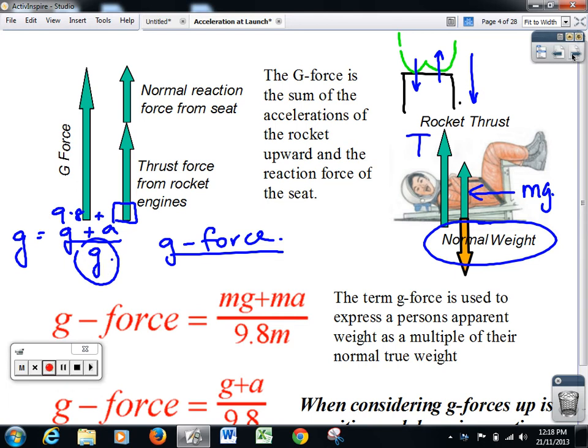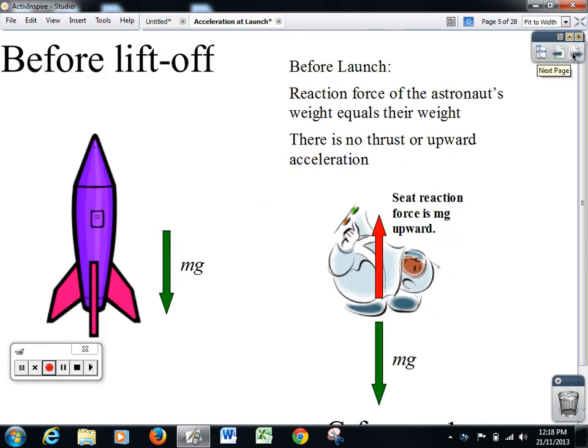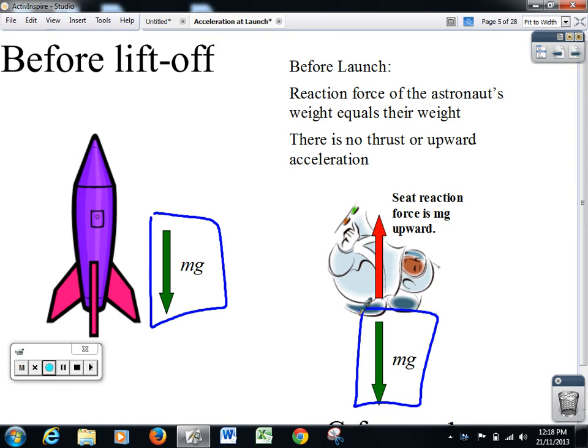So, looking at what is happening just before liftoff. Just before liftoff, there is no thrust. So the only force on the rocket is simply the weight force. And that means that our astronaut is pulled down by the same weight force.